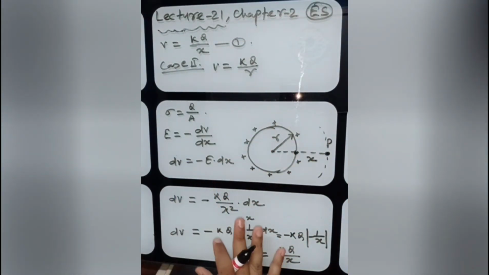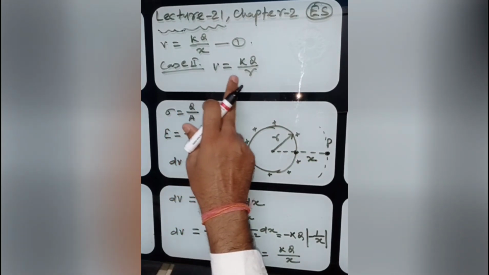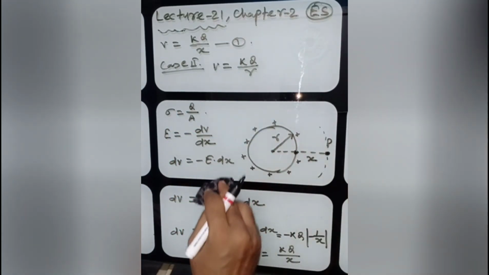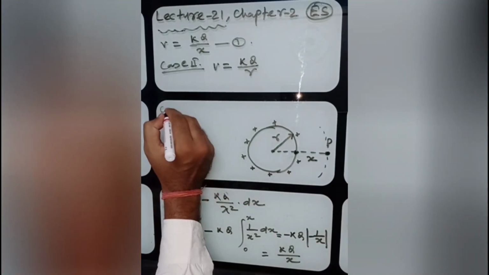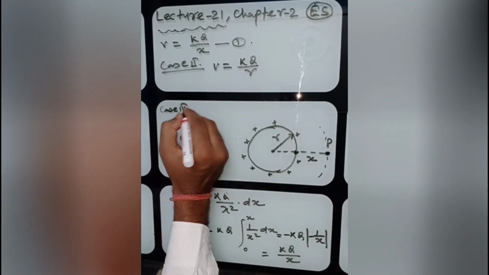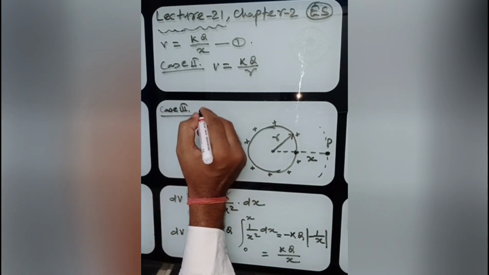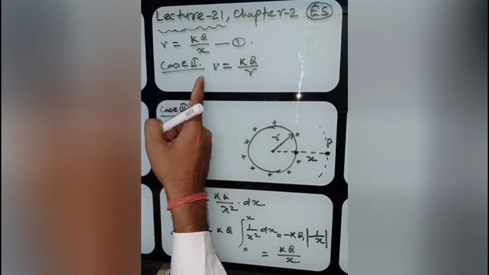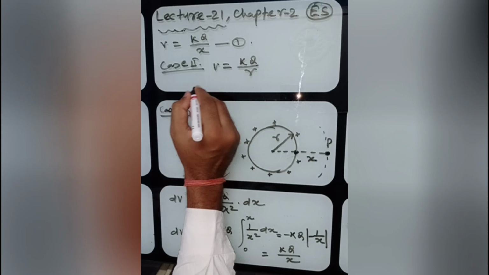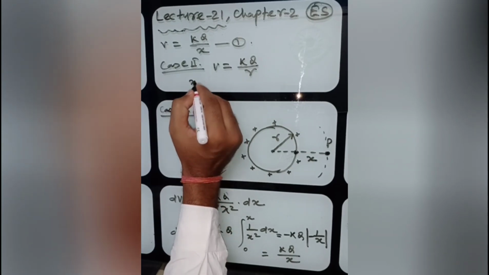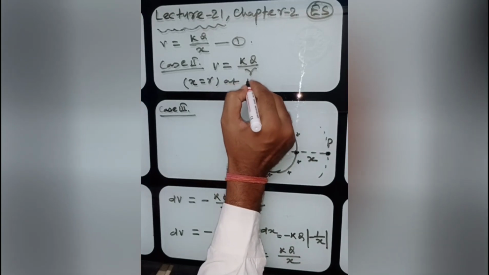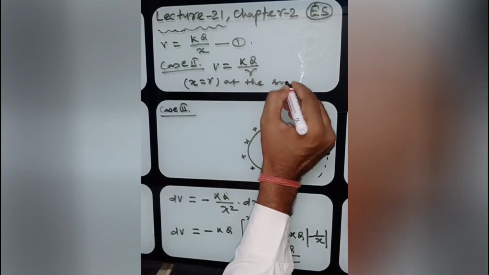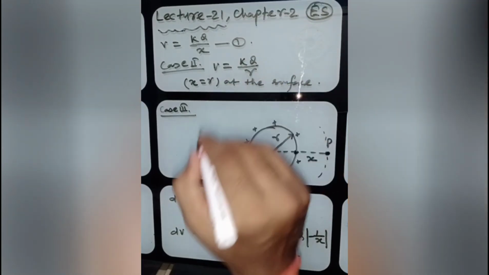Yes. Now at this point we are finding the potential inside the cell. Now case 3, inside. The second case was x equals R, at the surface.